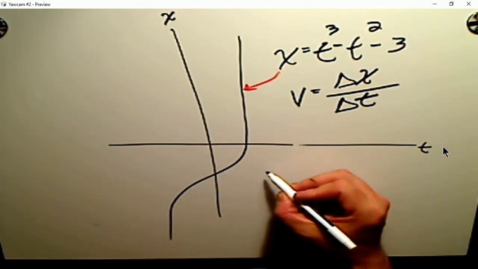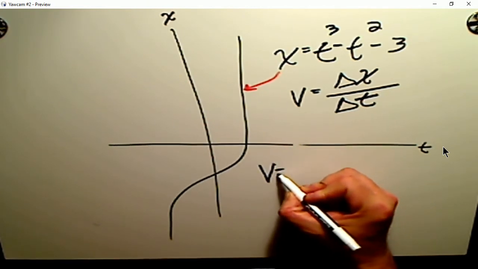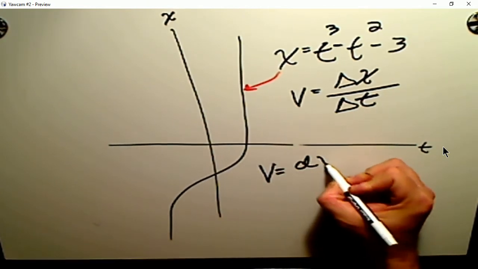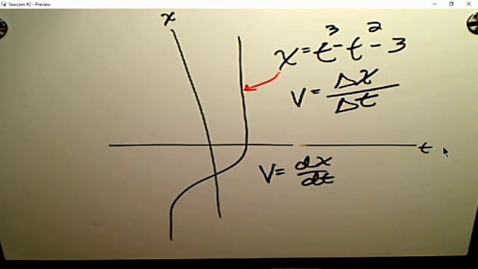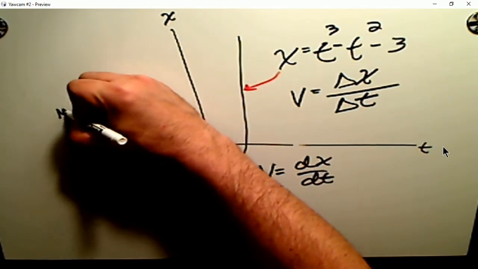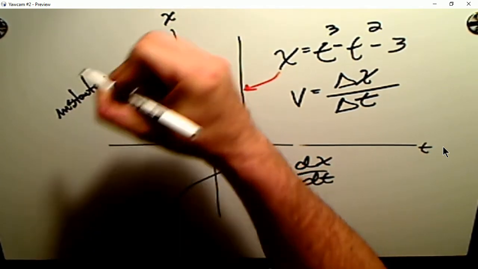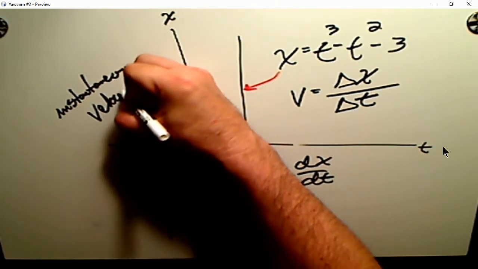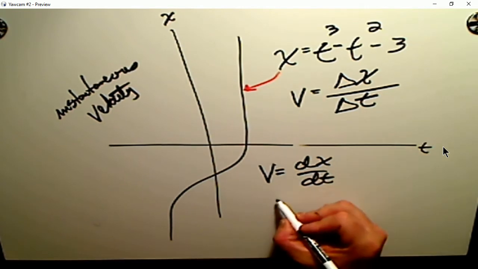Well, we can also write that in notation as dx over dt. To get the instantaneous velocity, I would take the first derivative of that equation.